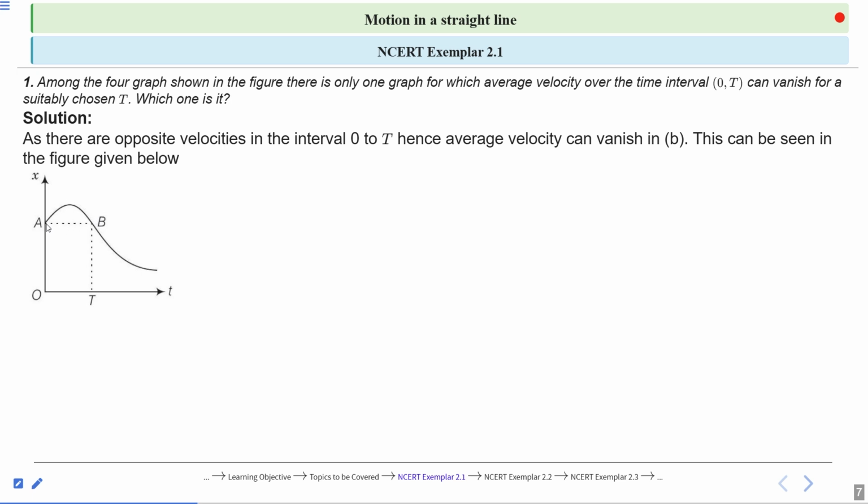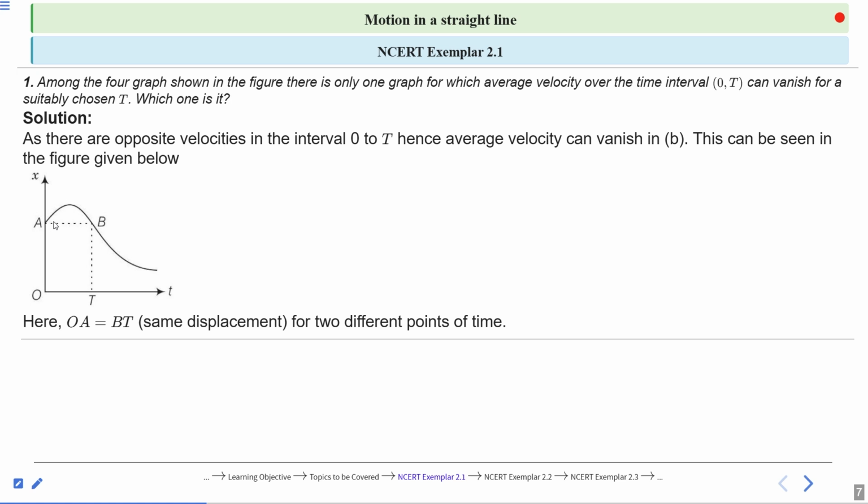There are two points, A and B, which show the same displacement at different times, 0 to t, at point A and at point B. So here OA is equal to BT, the same displacement for different points of time.